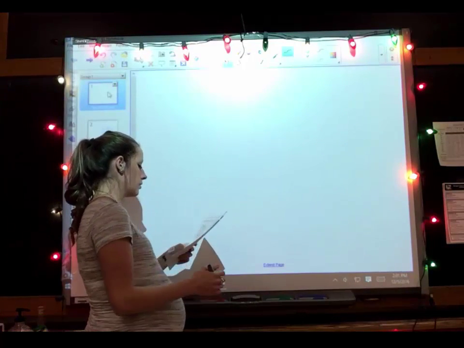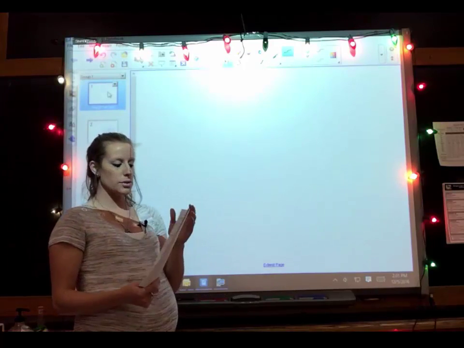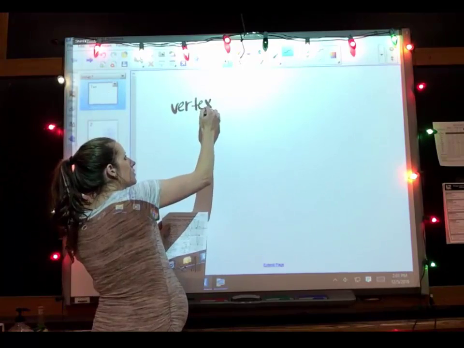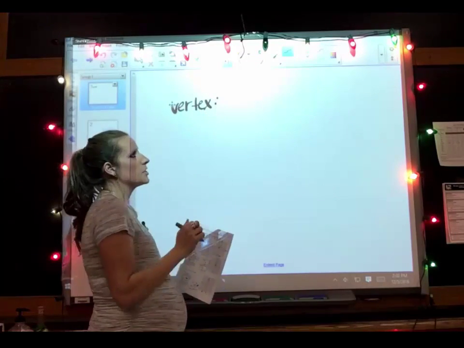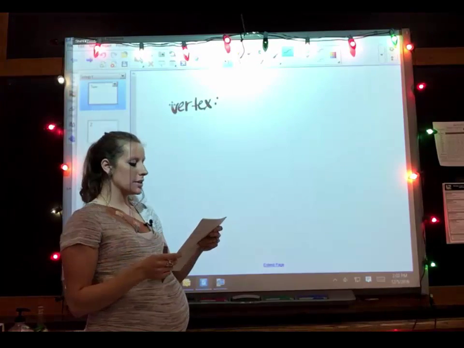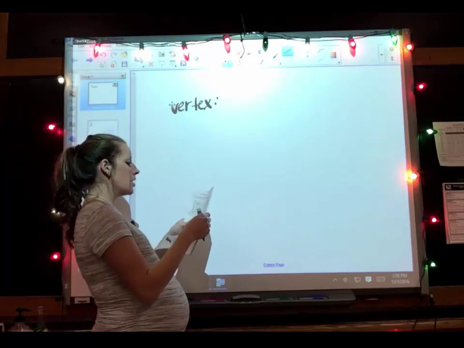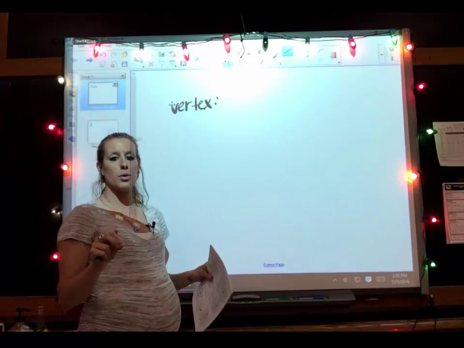If you look at your notes, we're going to find the vertex. I'll go through and explain what each of these mean. You probably know what some of them are, but I'll just go through and explain. Your vertex is going to be that point where it starts to change direction.